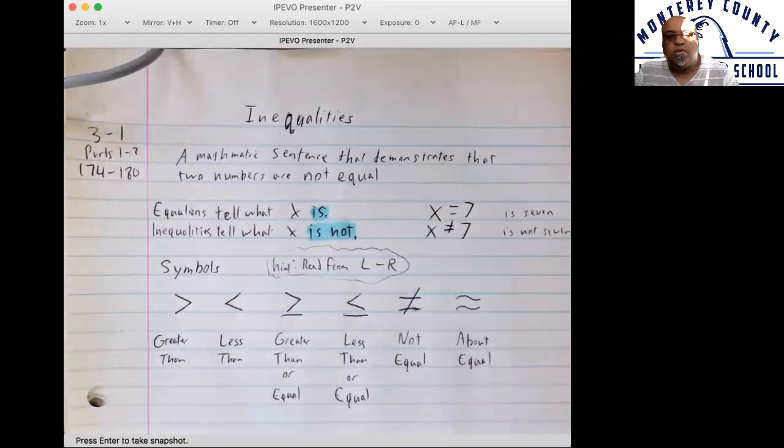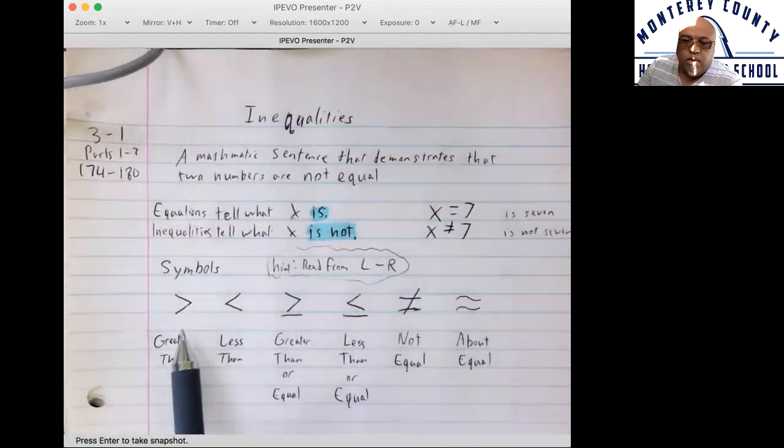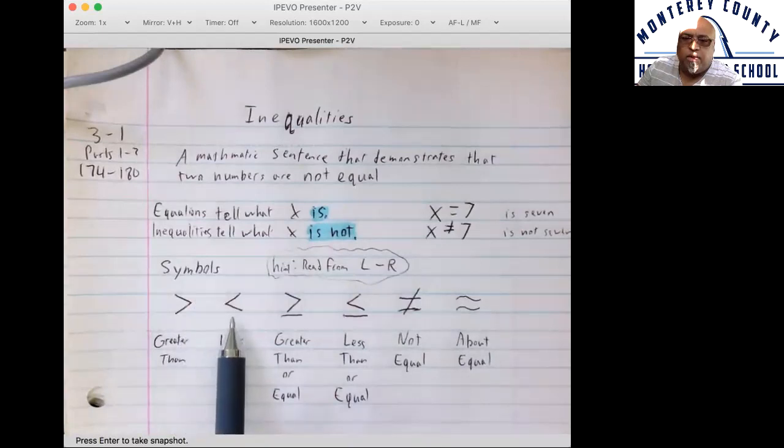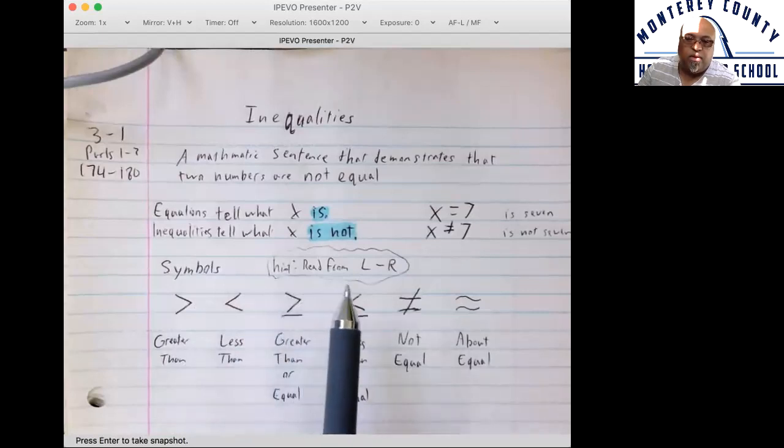But let's just go over the different symbols for inequality. This one is called greater than. This one is called less than. Now, a lot of times people get these symbols mixed up. They look the same, except they're just facing different ways. Hint, they are read from left to right. Okay?